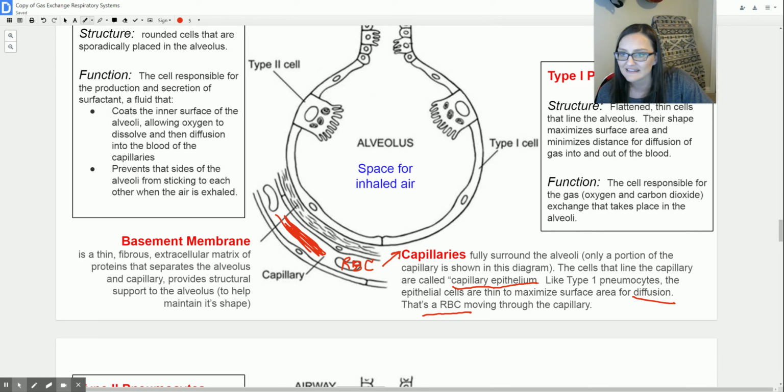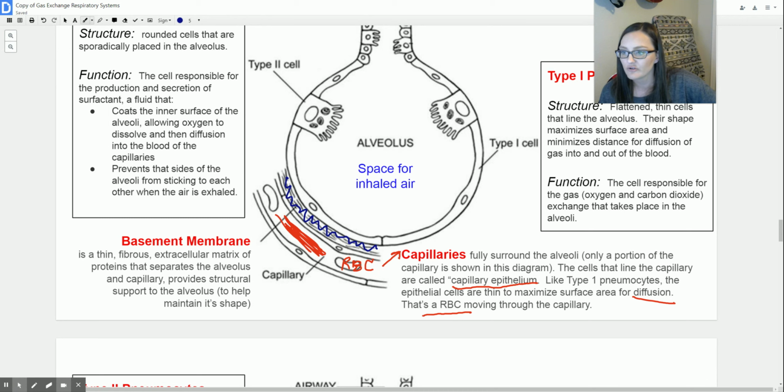Okay, so what is this wavy section right here? Well, this wavy section is called a basement membrane. And that basement membrane is an extracellular matrix of proteins. Now, what's an extracellular matrix? Usually it's something that maintains the structure for a cell. Sometimes it can move stuff around, but for the most part, it's just maintaining that structure, and it's kind of a protectant, right?